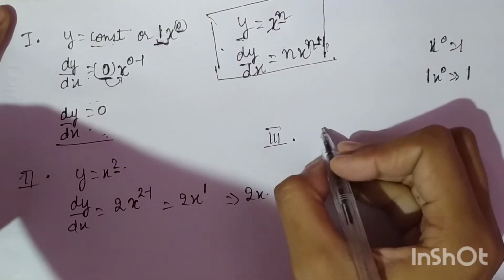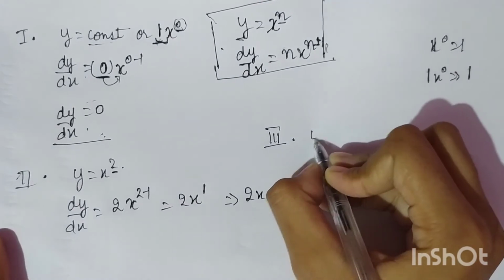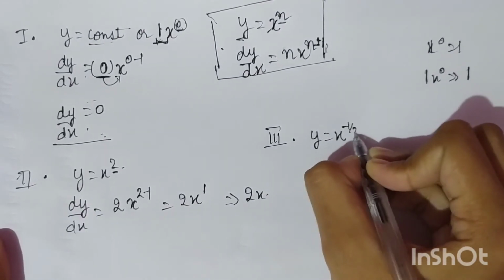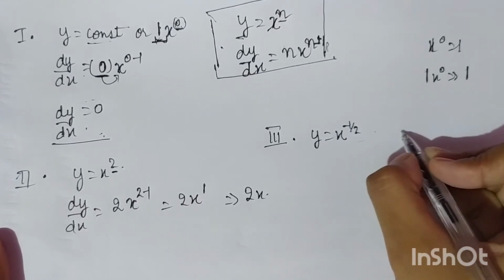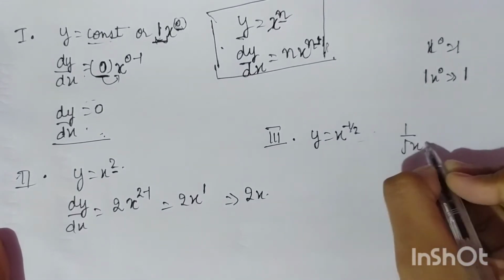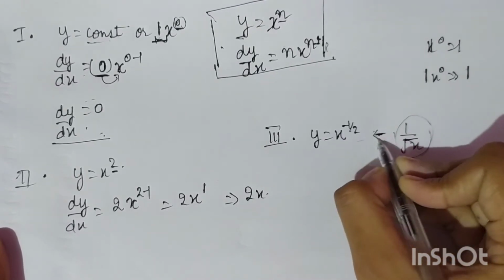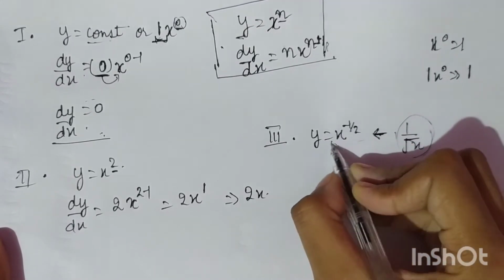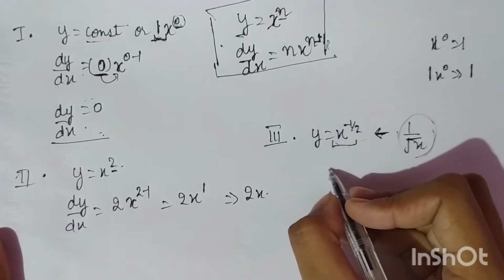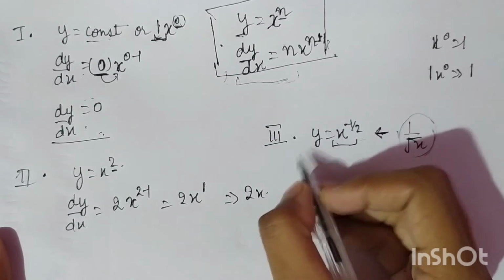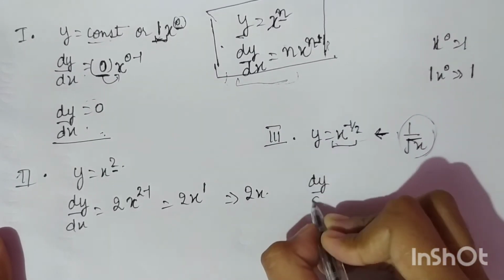Now let us take one more example, which is y equals x to the power minus half, or we can also write it as 1 upon under root x. If we are given 1 upon under root x, first of all we will convert it to this type of equation. Now from the above formula, we will do differentiation dy by dx.